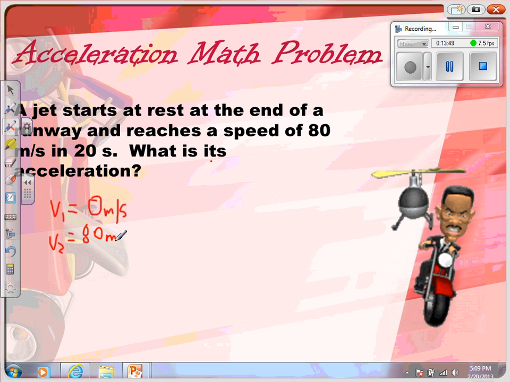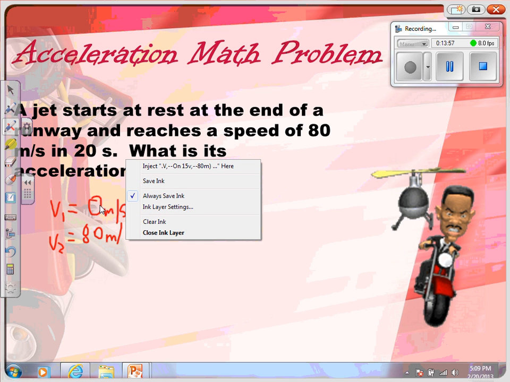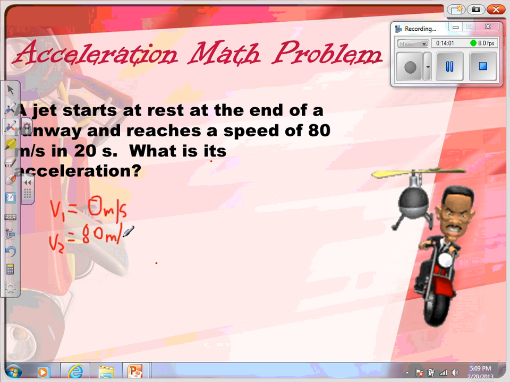Okay, and it took the jet 20 seconds to go from 0 to 80. So that's the time, which is T. So T equals 20 seconds.